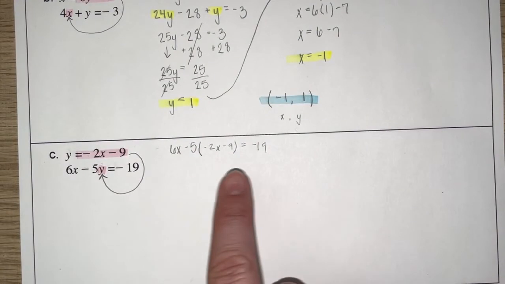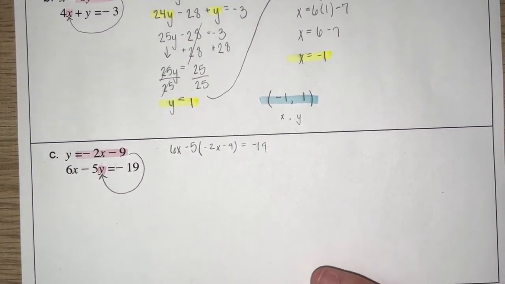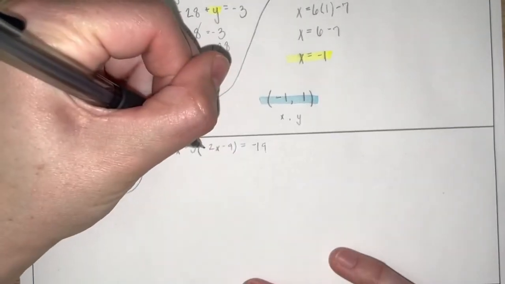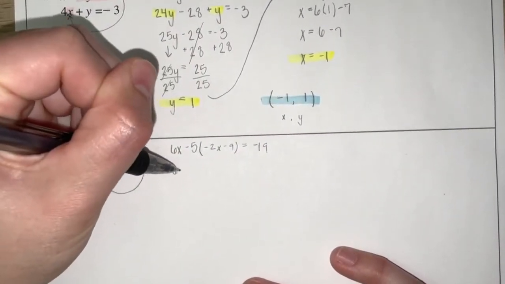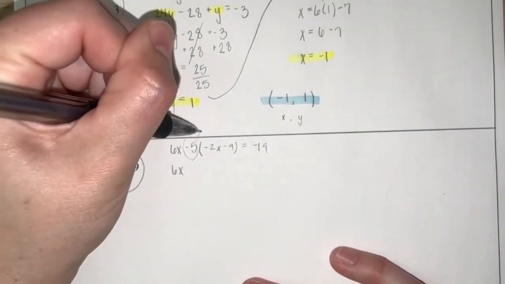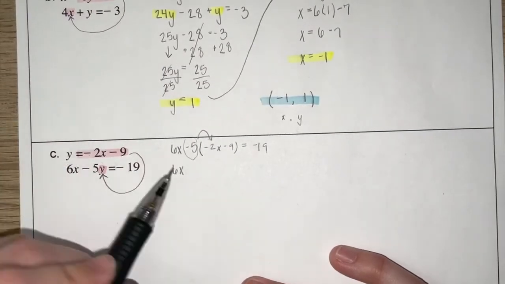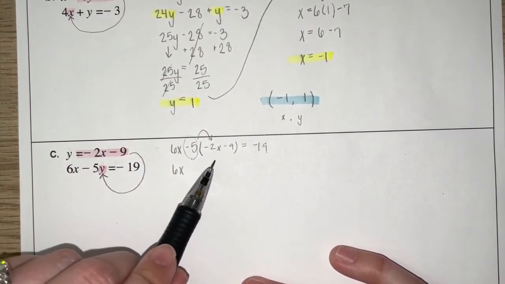And then now we have an equation that just has x's, so we want to solve for x, but first we have to simplify the left side of the equal sign. So I'm just going to bring down this 6x, and then I have to distribute this negative 5. I have to be really careful with my negative signs here. So a negative 5 times a negative 2x, I just multiply the coefficients.